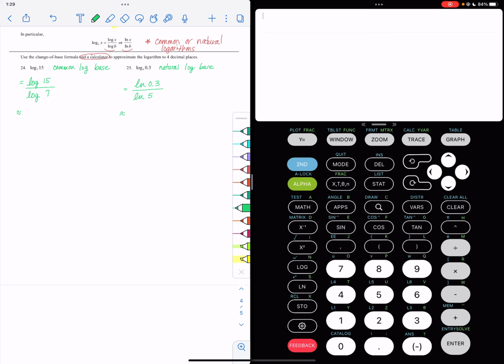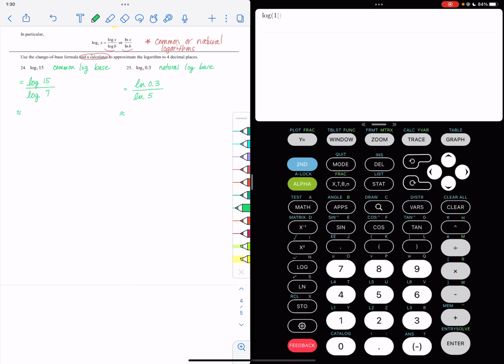Okay, so now we will find the log button of 15, and we're going to divide that, let's just start over.